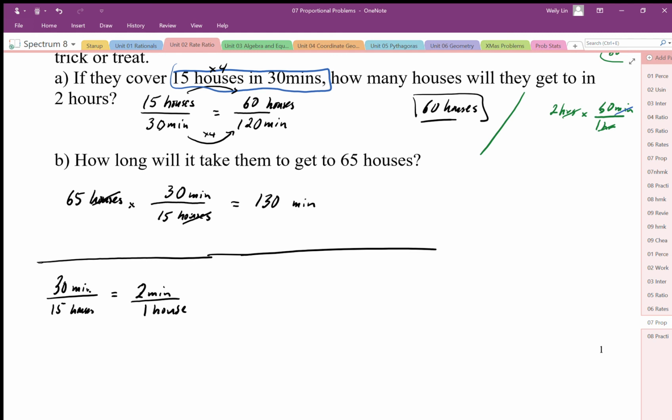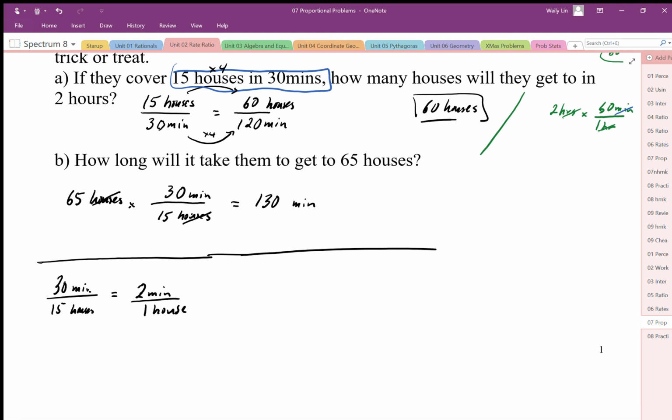Okay, so there are various strategies here. One is our proportional equation. That's our go-to, the one we use if we ever get stuck. The vertical multipliers here are our unit rates. We also have this unit analysis strategy where it's times on top, divide on bottom, and we can cancel out units.